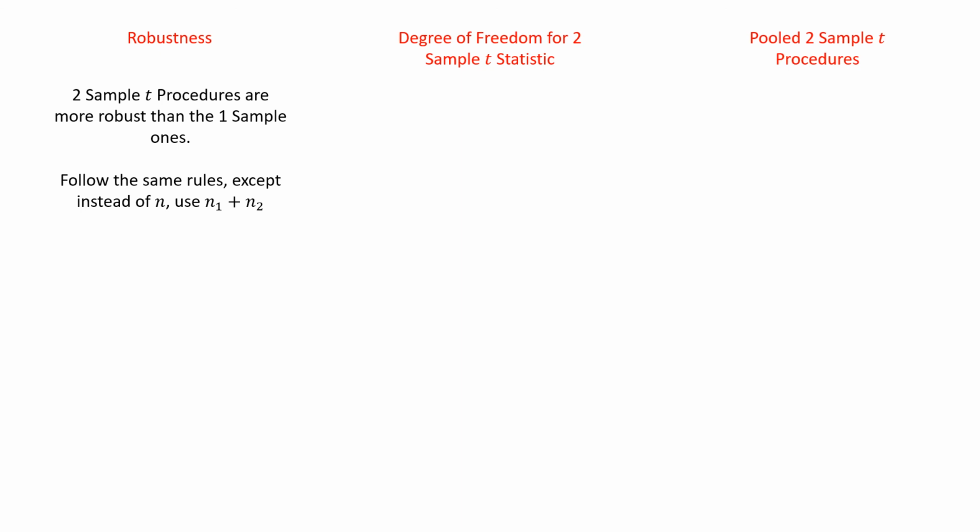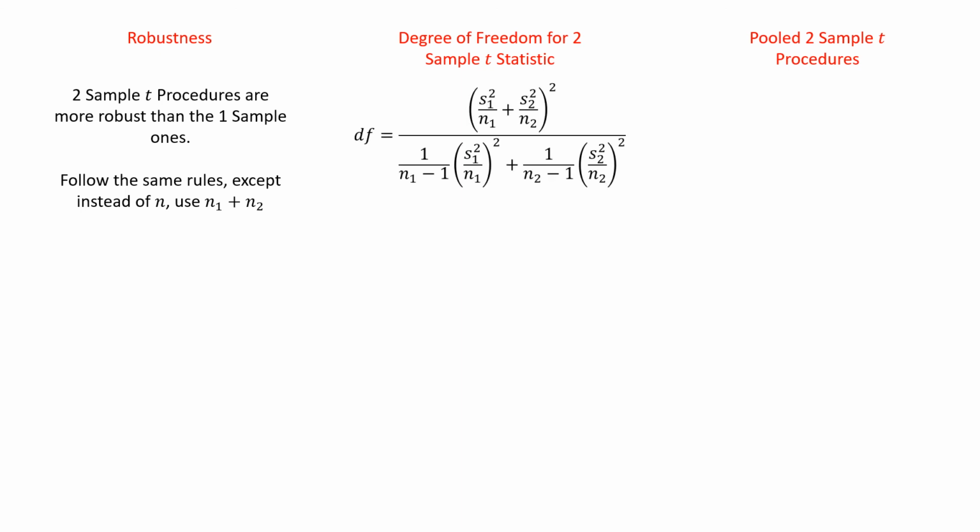The degree of freedom for the two sample test statistic. This is the equation for it. This is why we use our calculator to figure this out, because that's disgusting. But that is how you would find your degree of freedom for your two sample test statistic or confidence interval. Again, the calculator computes it for you, or just use the smaller of the two degrees of freedom.